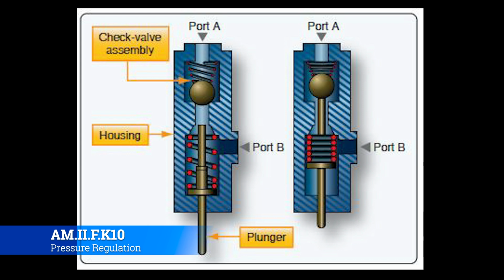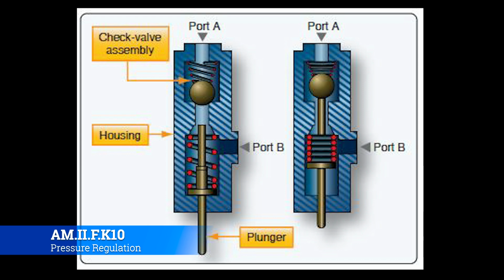Okay, so another type of valve that you may come across is a mechanical sequence valve. This one is pretty cool in my opinion. If you look at the graphic here, you're going to see how they work. On the left hand side, you have the plungers fully extended.